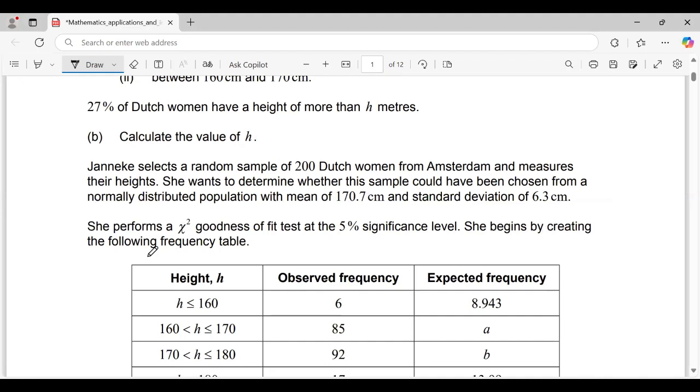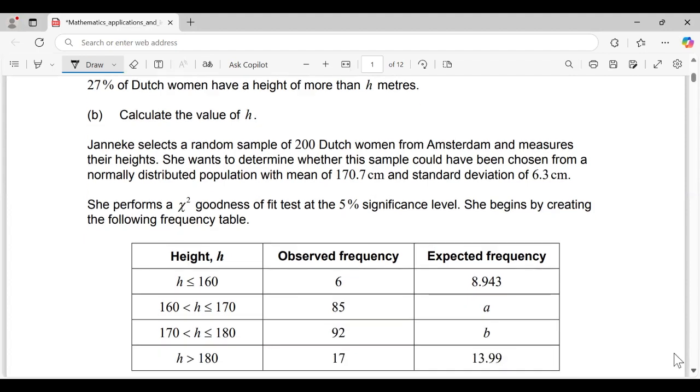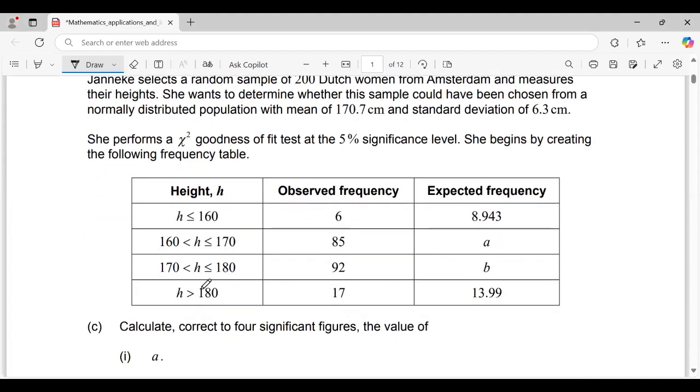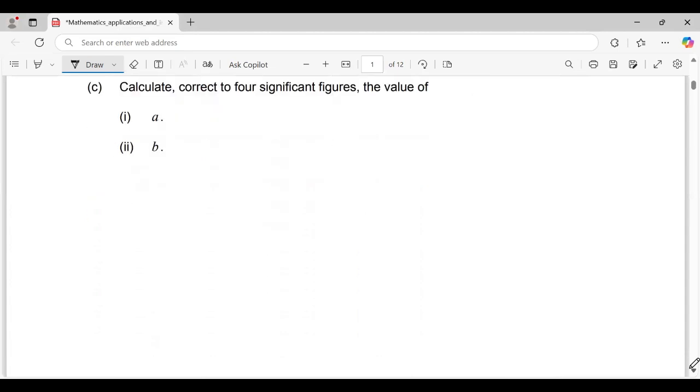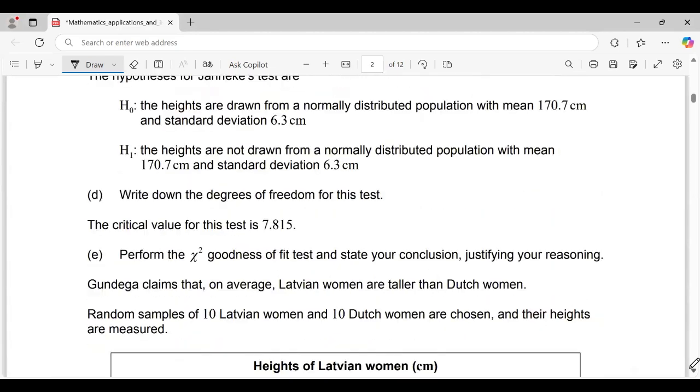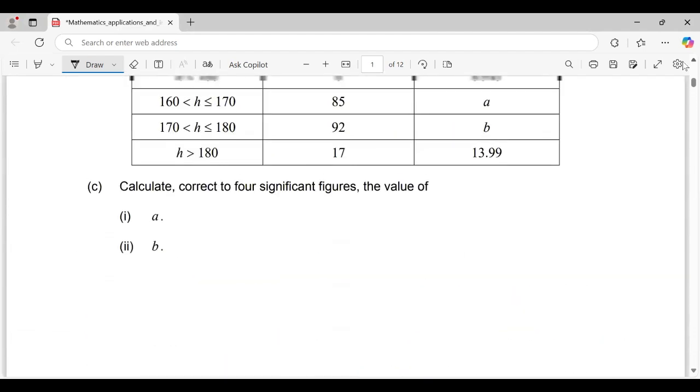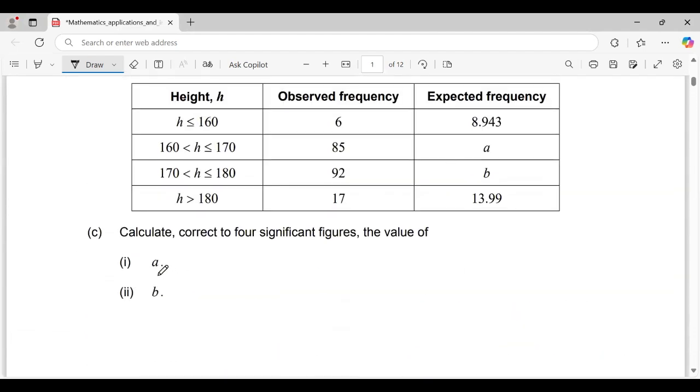She begins by creating the following frequency table. This is the frequency table. Calculate correct to four significant figures the value of A and B. Alpha is 5%. So we're going to find this A and this B.